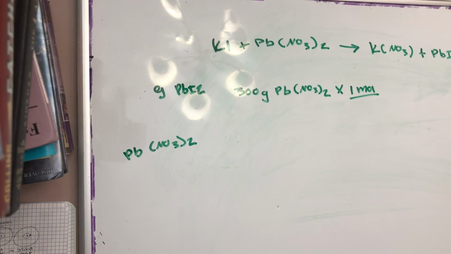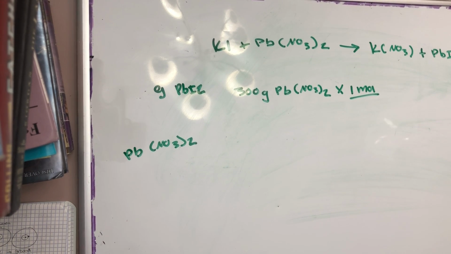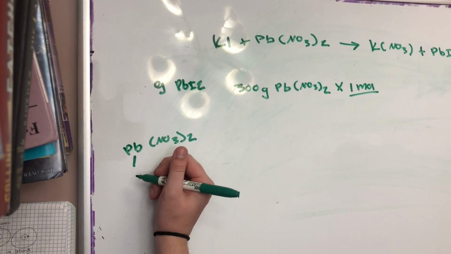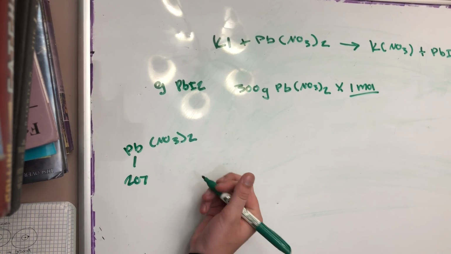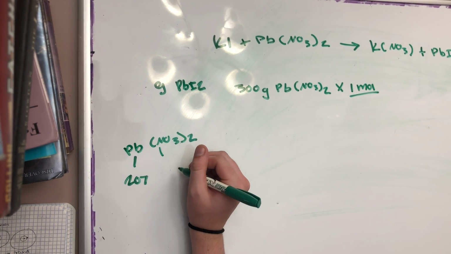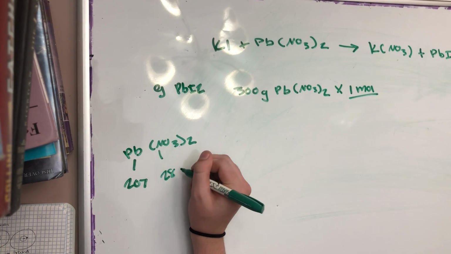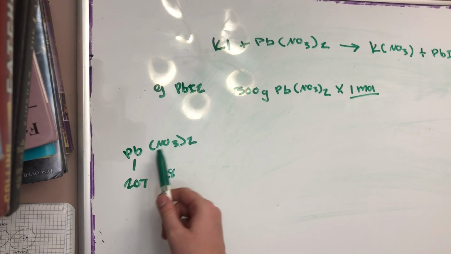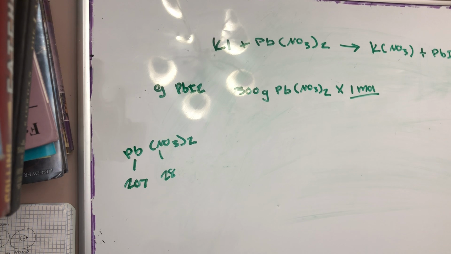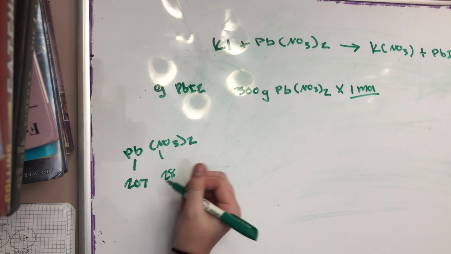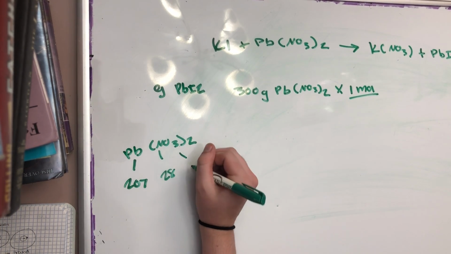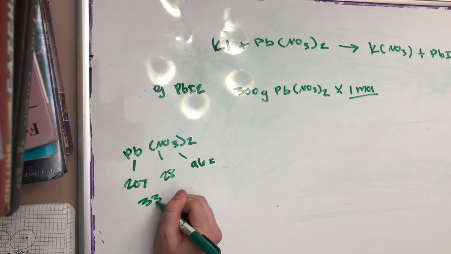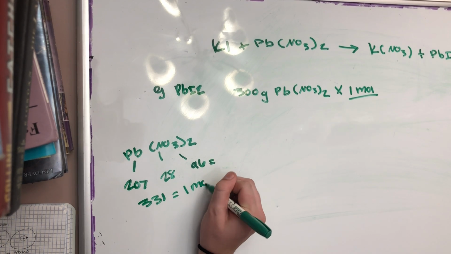We need to find out the mass of Pb(NO3)2, so we need to add them all up. Looking at our periodic table, Pb is going to be 207, and then the nitrogen is going to be 28, and keep in mind, since there's a 2 here, that means there's going to be 2 of these, and then 3 of the oxygen, so make sure your math is right in multiplying all of those. And then this is going to be 96, and that all equals 331 equals 1 mole.